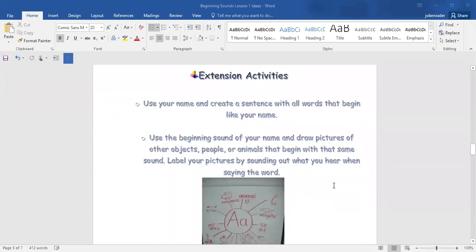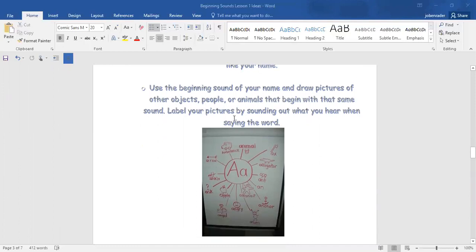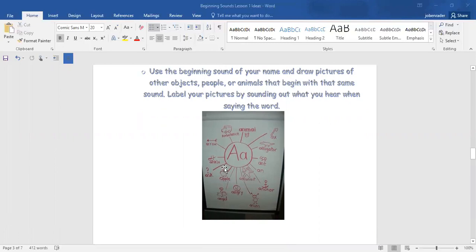So our extension activities that we will send out to you today are: use your name and create a sentence with all words that begin like your name, like we did above for the alliteration activity. Use the beginning sound of your name and draw pictures of other objects, people, or animals that begin with that same sound. Label your pictures by sounding out what you hear when saying the word. And here's an example that you will be able to see.